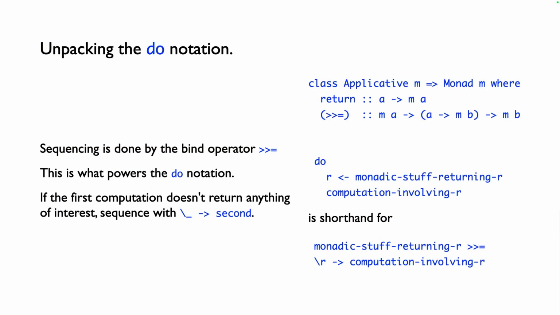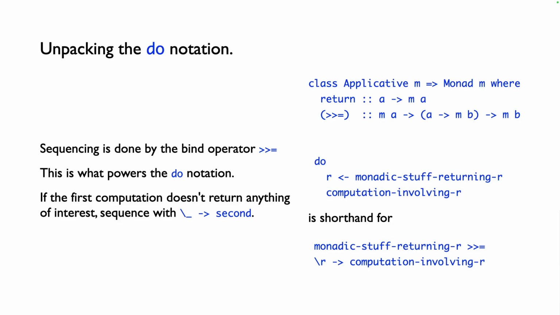Now, why do we call this operator bind? It also allows us to explain what goes on in the do notation. So let's have a look at this simple example in the middle on the right hand side of the slide. We've got a do where we have some monadic stuff returning R, we get the R value from that, and then we do a computation involving R. What is that shorthand for?